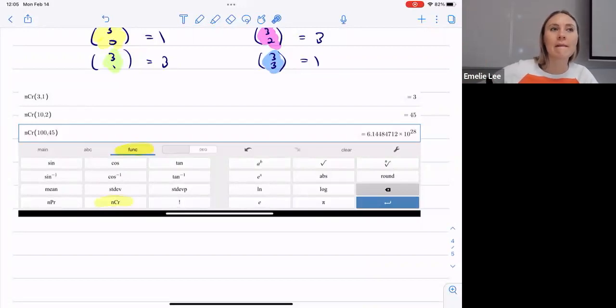Pardon? Is it allowed in exam? No. Officially no. But I don't really care, because if you know how to use your calculator and you prefer your phone, that's fine.